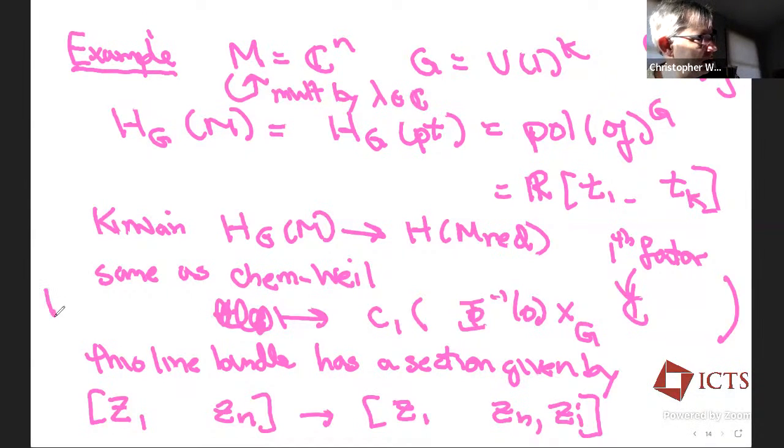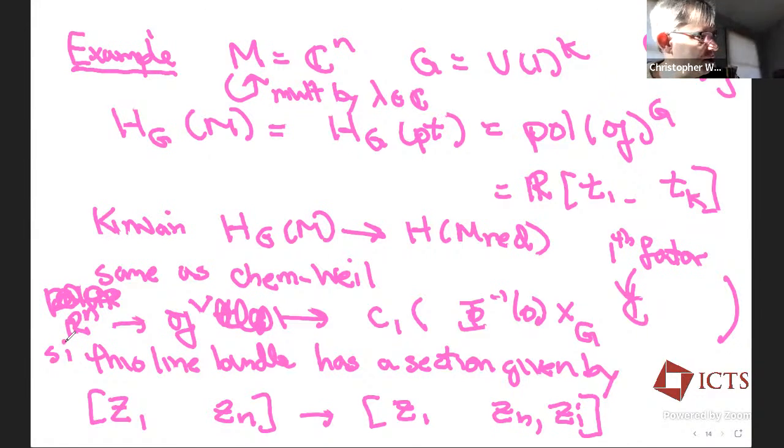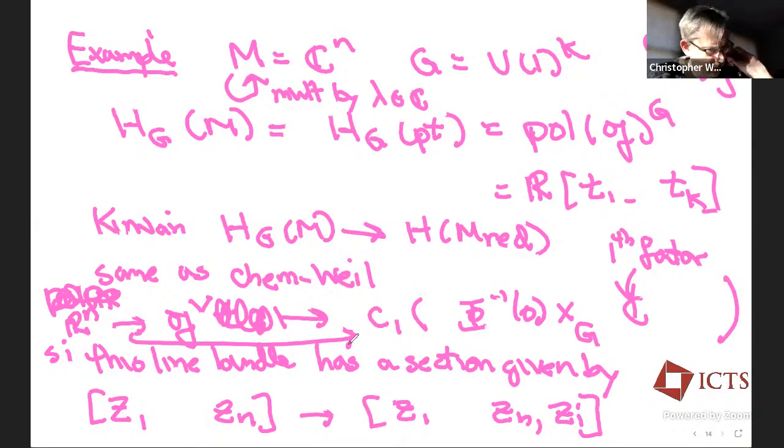So polynomials on R^n maps to G dual. So linear functions. And the ith factor in R^n, let's call that s_i. That's going to map to some linear function on G, and that's going to map to this c1 of the line bundle in this decomposition.